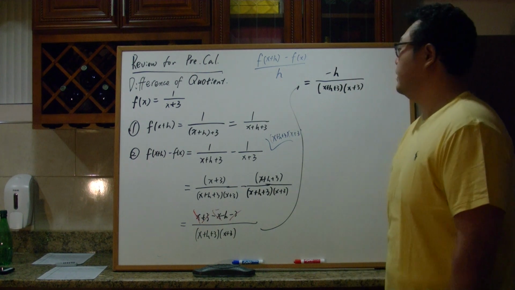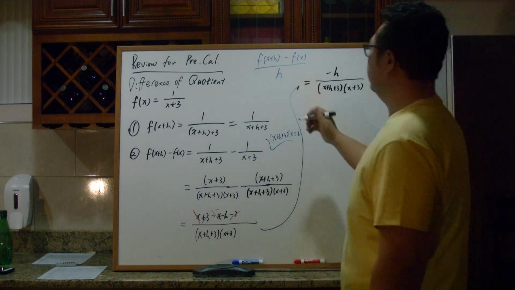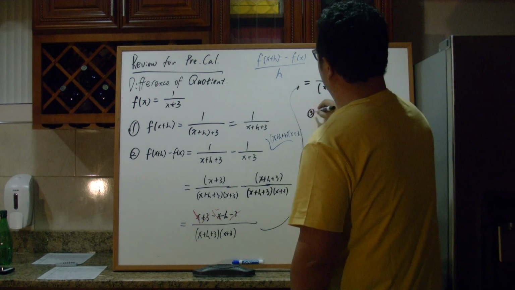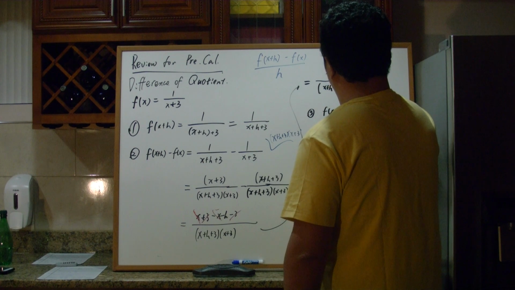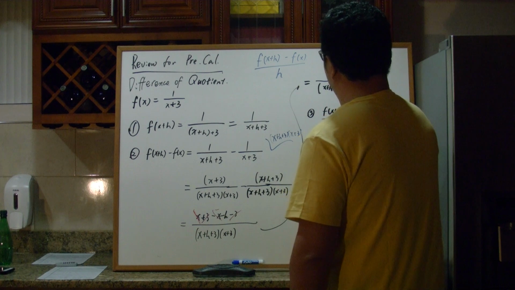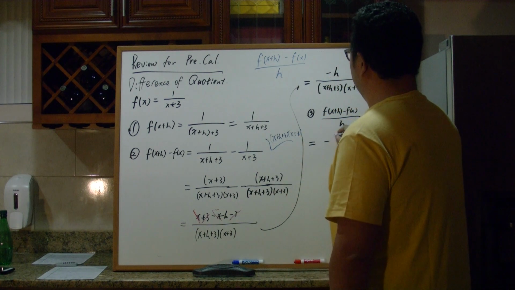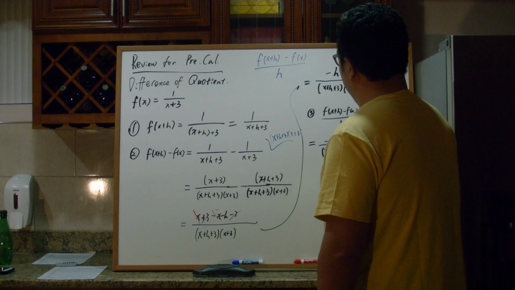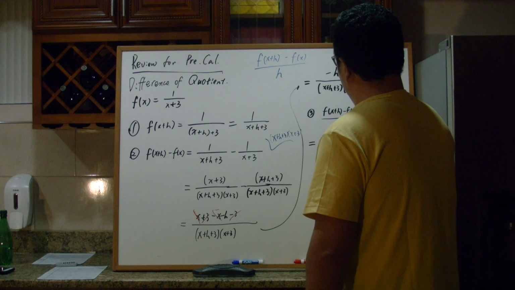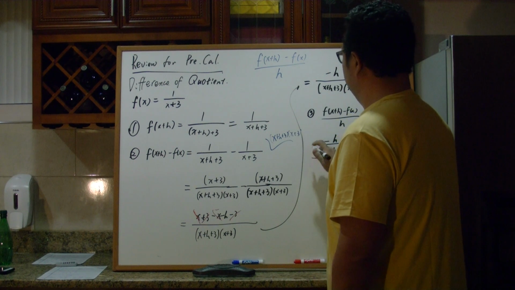Right, that's the term left over. And the third step, we divide the difference by h, which gives us the slope. That is negative h over x plus h plus 3 times x plus 3, divided by h.